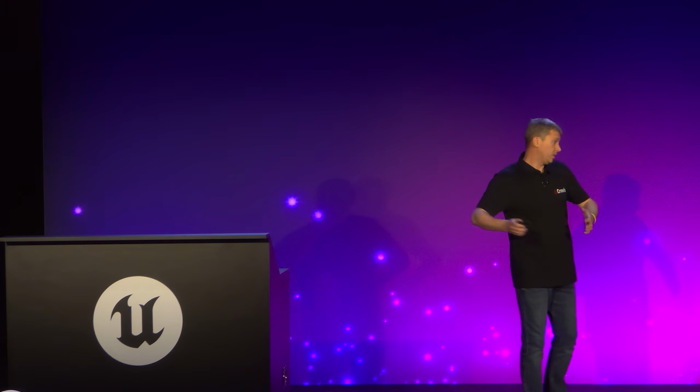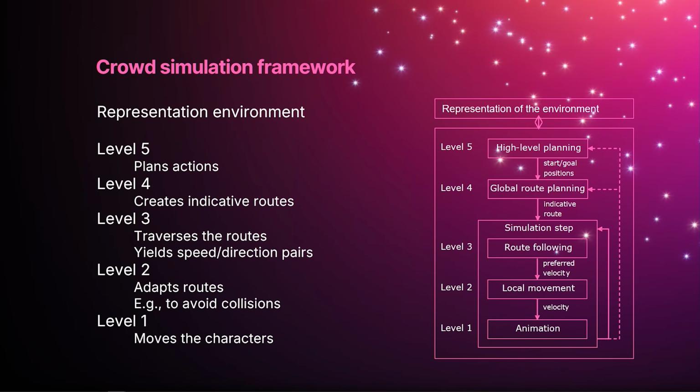So collision avoidance is taken into account, or going with the flow, or walking in a certain formation, or trying to avoid dense, high-density situations. And finally, we have a velocity which is being fed into an animation engine. So I'll walk through these layers one by one.